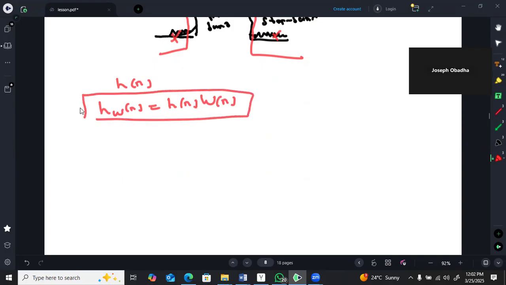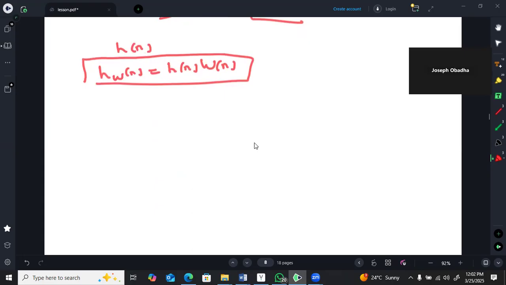So we have quite a number of window functions that have been used to design the FIR filters. The simplest that we can have is simply called a rectangular window. In a rectangular window, the window does not really cause any change in the filter characteristics.